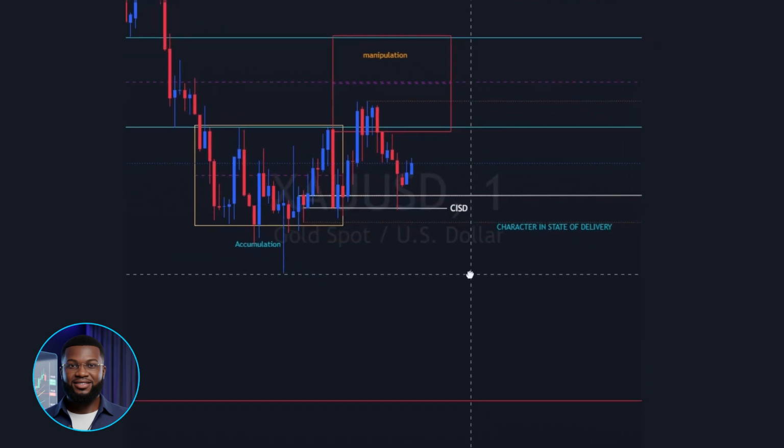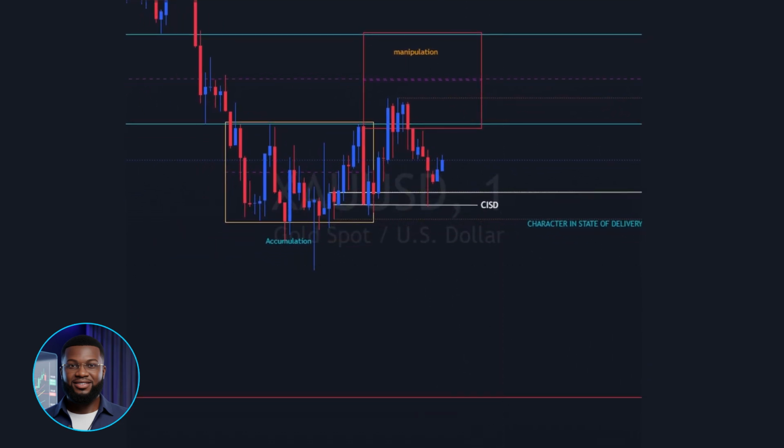That's why we are following our strict rule, the CISD. But if you want to go ahead and be aggressive, you can see price is making some kind of rejections at this level. Look at the next candle, it's trying to break.